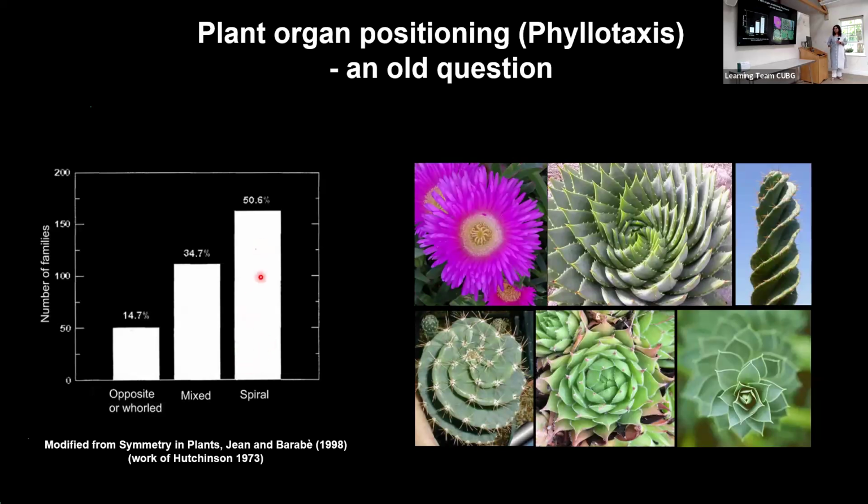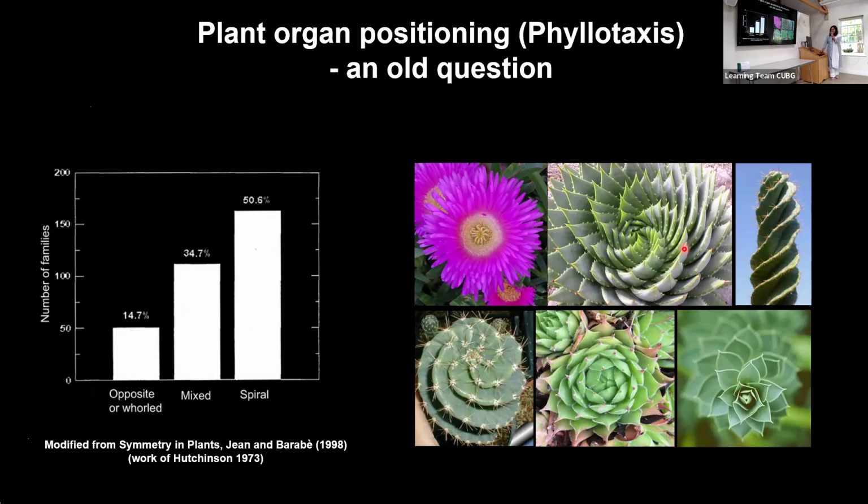So leaves or flowers can orient perpendicularly to each other, like opposite, or they can form these very intricate and beautiful spirals. And this process is called phyllotaxis, which means the symmetric arrangement of plant organs around the stems. Phyllo means leaves and taxis means arrangement. It's derived from a Greek word.